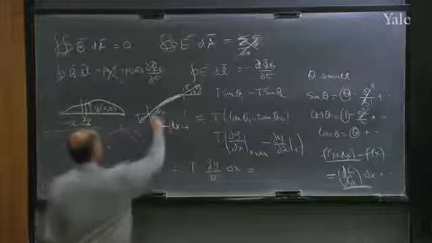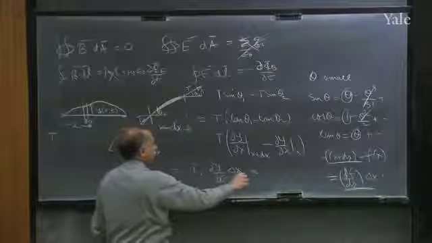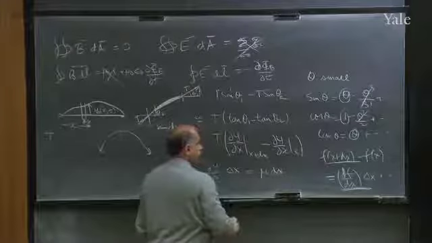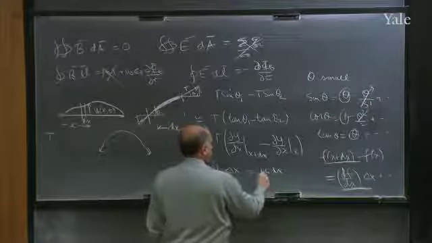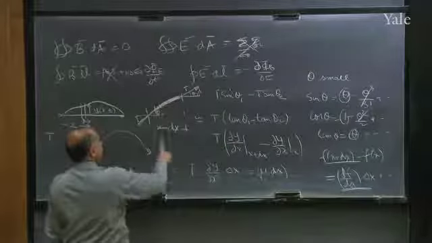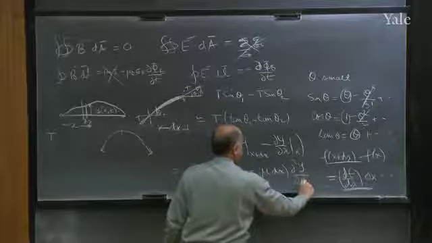That's the easy part. What is the mass of this section, this portion of string? If the mass per unit length is mu, that's the mass of that section. Then what's the acceleration? Acceleration is the rate at which y is going up and down. That is d2y over dt squared.